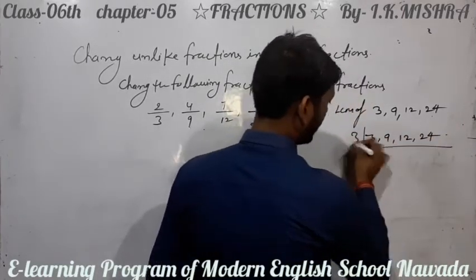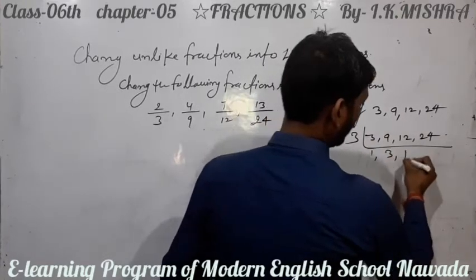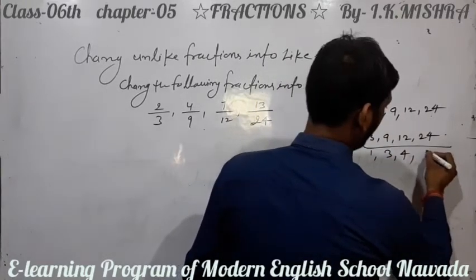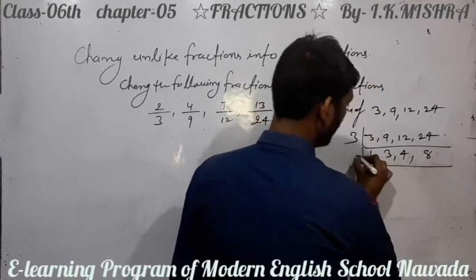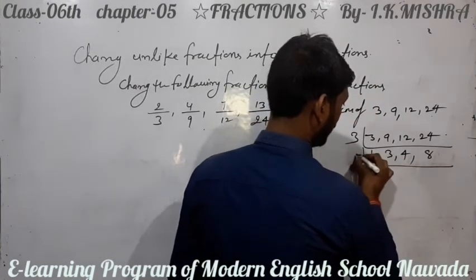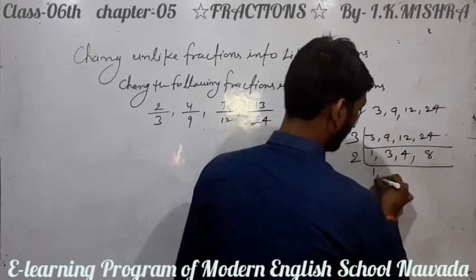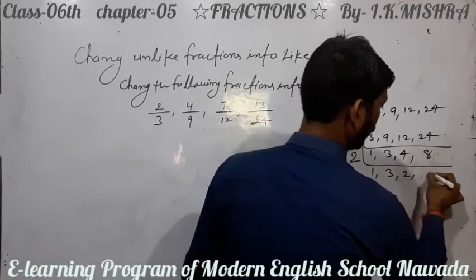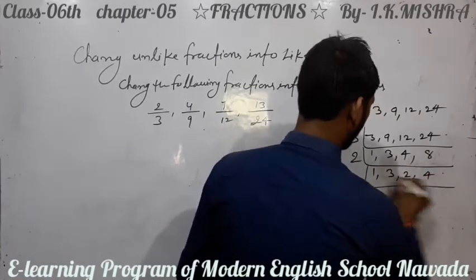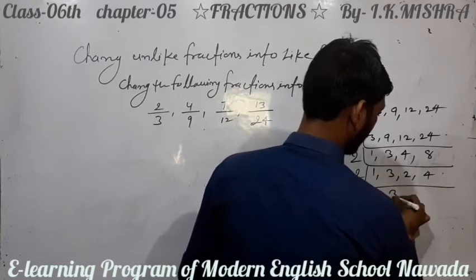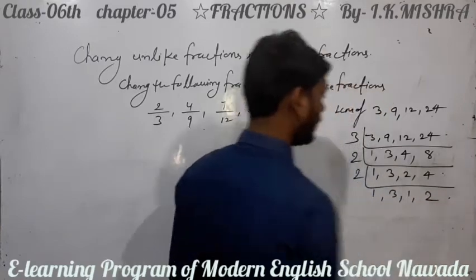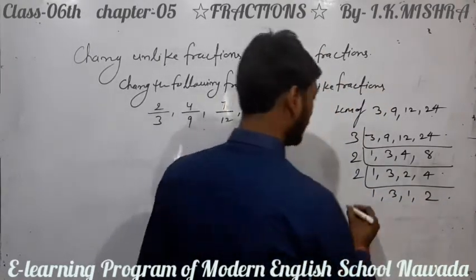Students, here 3, 9, 12 and 24. Dividing by 3 we get 1, 3, 4 and 8. After that, dividing by 2 we get 1, 3, 2, 4. Again dividing by 2 we get 1, 3, 1, 2. Now, students, multiply.